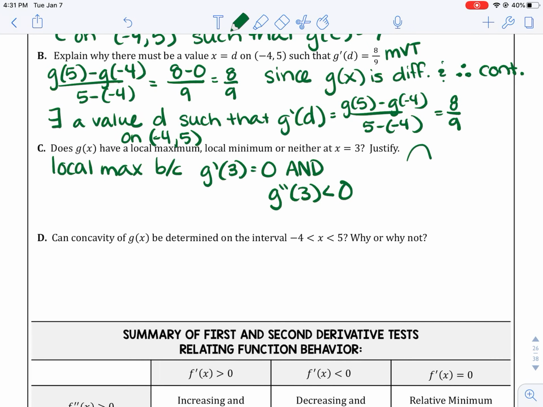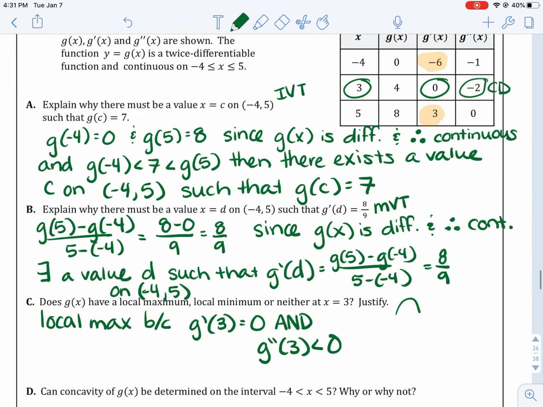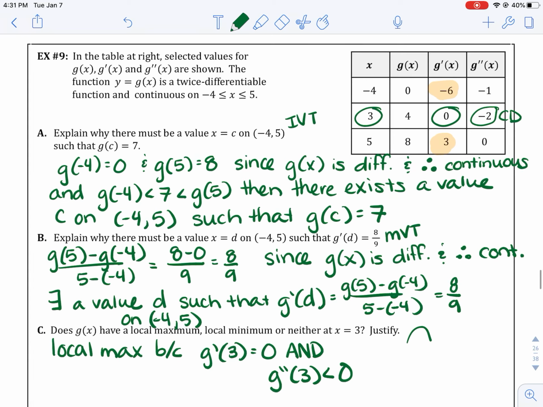Can concavity of G of X be determined on the interval -4 to 5? Why not? And I would say no, because we don't know if there's any other, we don't know the in-between values. We're only given 3 values. We don't know if other critical values exist.